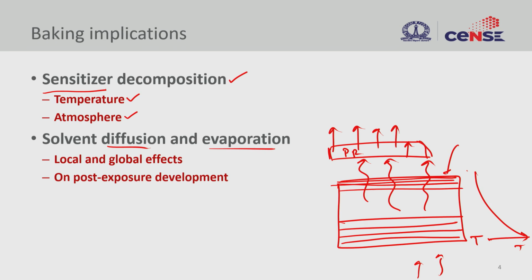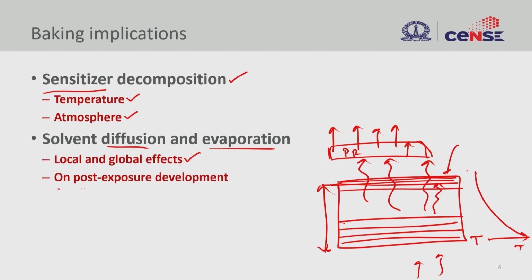So whatever solvent that you have, it will find it difficult to escape. So this will create some issues with solidifying your thickness, right? So make sure to understand the mechanism of your diffusion or your solvent evaporation, right? So this will create a local effect and a global effect on your thickness.